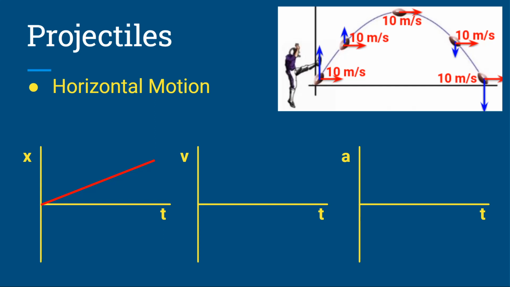For my VT graph, I have constant velocity. It's not changing. So I need a horizontal line on my VT graph. And again, if there were numbers here, this would be at 10, because it's 10 the whole time. So I just have a horizontal line showing it's not changing. My acceleration is, of course, 0. There's no change in my velocity. We already know this.